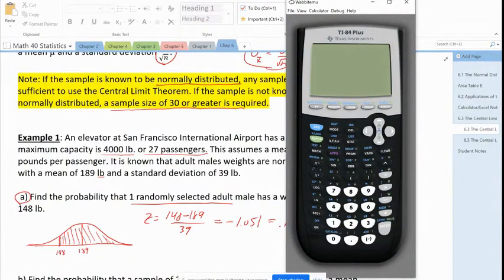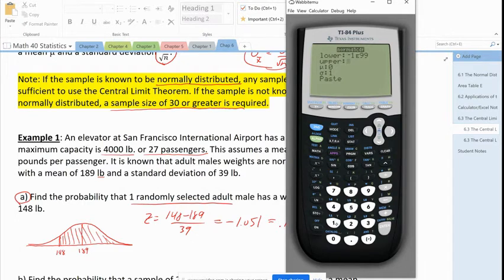To do that on the calculator, remember we go to second, distribute, and we're looking for the normal CDF, enter, and we're looking to go up to 148.